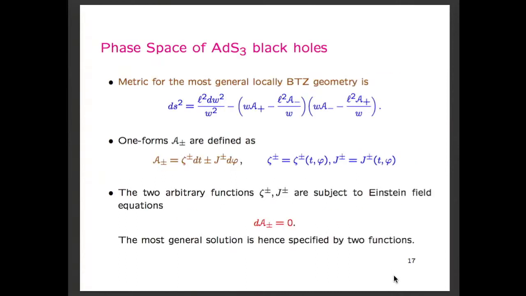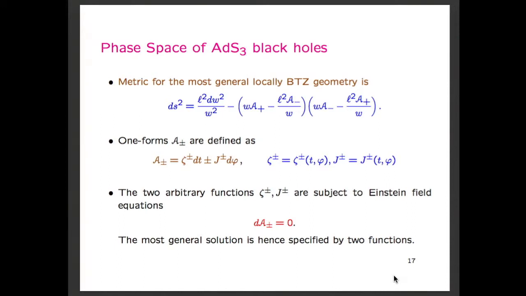Okay, so now going back to the question of non-trivial diffeomorphisms and charges, the same theory has many different solutions, which are all locally AdS3, and I'm giving here a big family of them. A BTZ black hole is one of these, but in general here I have two independent functions, A plus and A minus, defined in this way, and they are functions of t and phi.